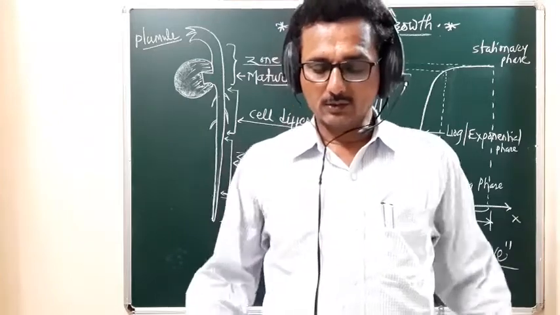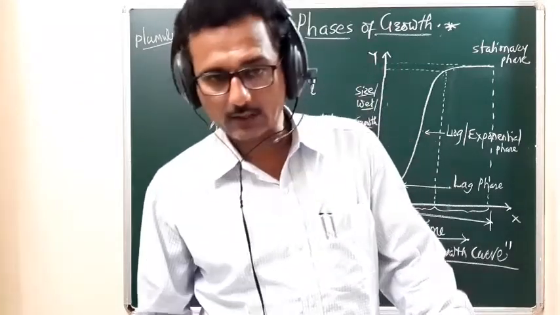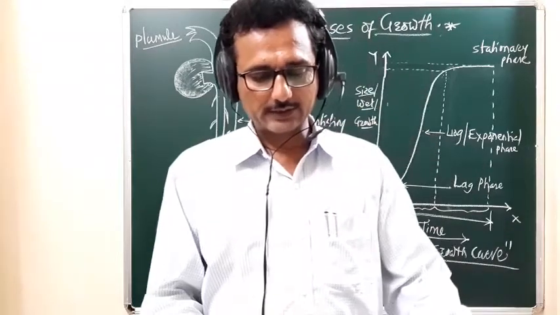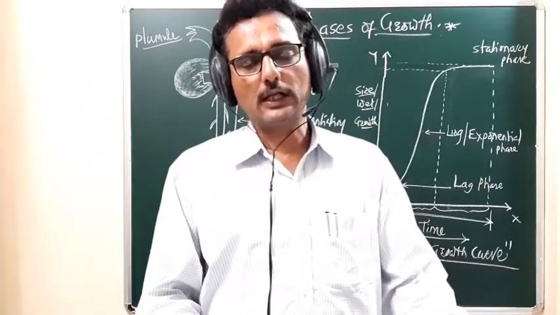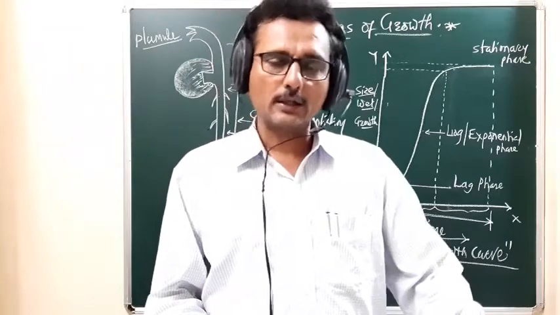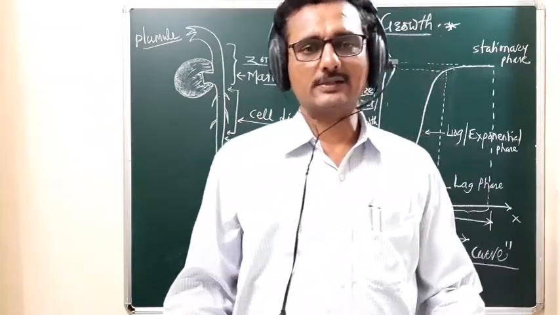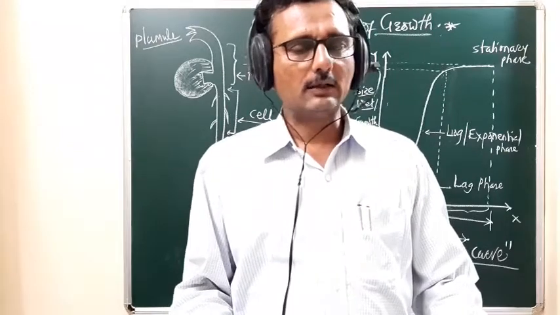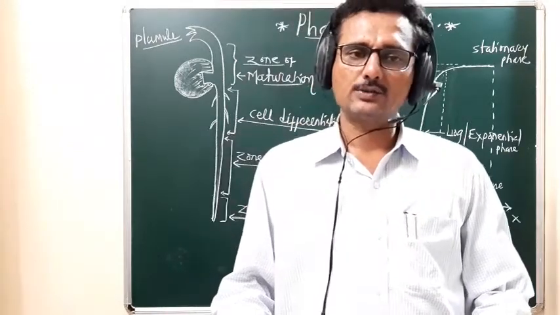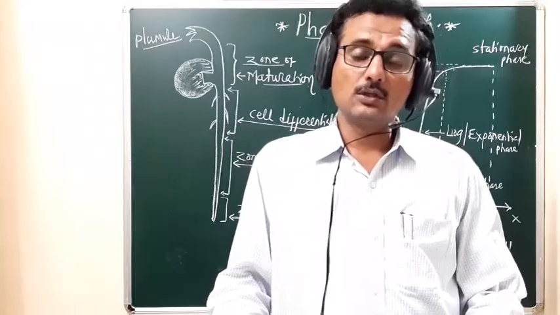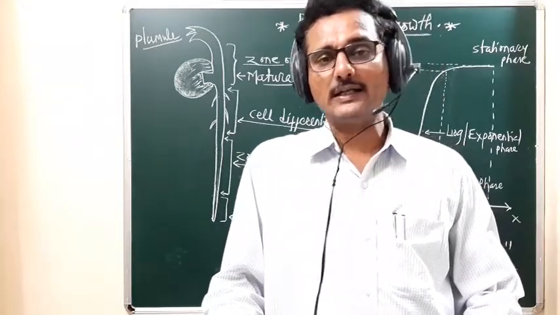But what are the remaining options? The second option is lateral meristem. Lateral meristem means cork cambium and vascular cambium. These are the two lateral meristems. Because of the activity of lateral meristem, the height of the plant body never increases, but the girth or diameter of the plant body increases.